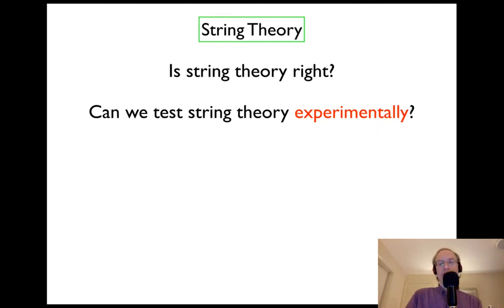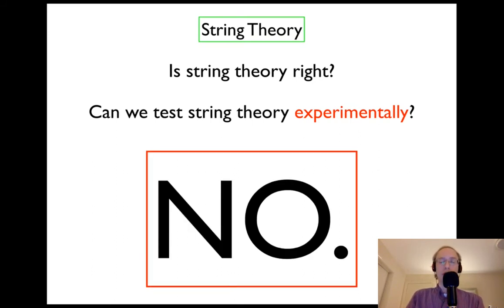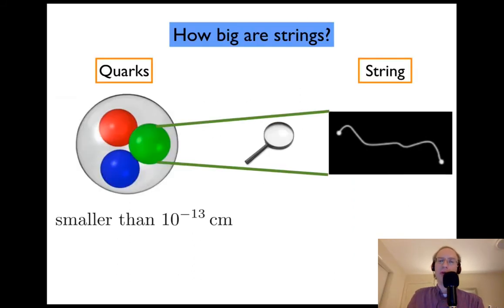And so the key question is, can we test string theory experimentally? And, well, you can guess the answer. Of course, no. And there's actually a lot of reasons this is the case. But just to connect to the earlier part of the talk, you can ask a fundamental question. How long, or how big, do the strings have to be in order for string theory to be a theory of quantum gravity?